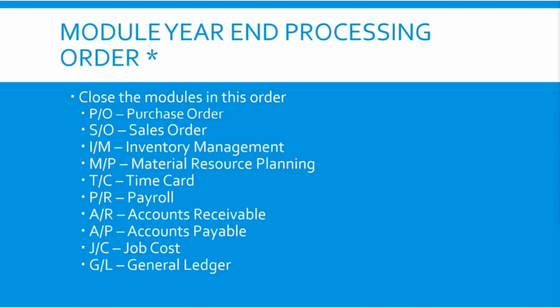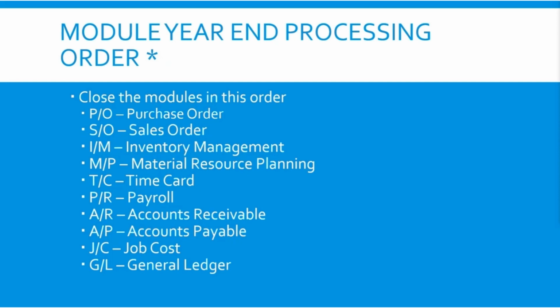Another point is that there's an option when you run period end or year end processing to print the period end reports. We recommend that you don't do that, because at this point you've closed your books and run your financial statements.